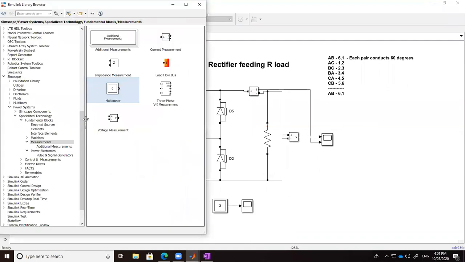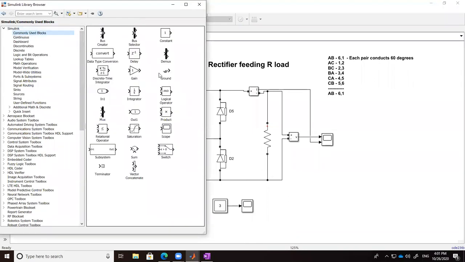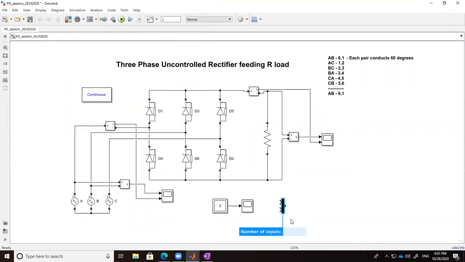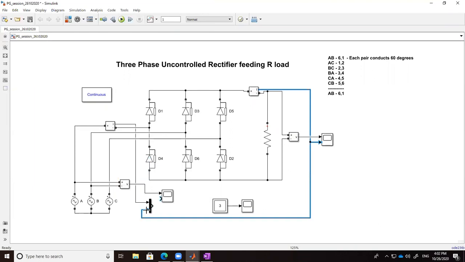If you have studied about the multiplexer, there is a block called multiplexer. Now the task of a multiplexer is what? To multiplex more than one input signal. Okay, that is the task of the multiplexer.